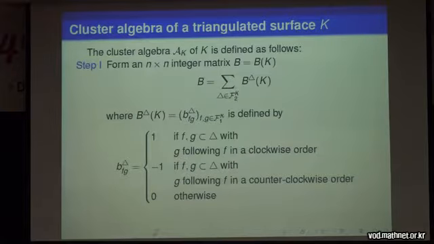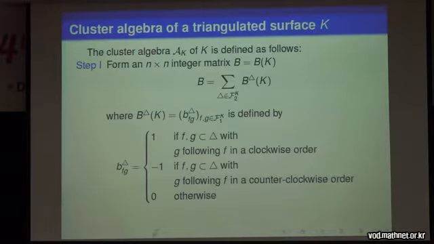A square matrix. Here, a triangle is just a two-face. For arbitrary triangle, first you need to define a matrix for each triangle. Because the surface is orientable, you can define this matrix.